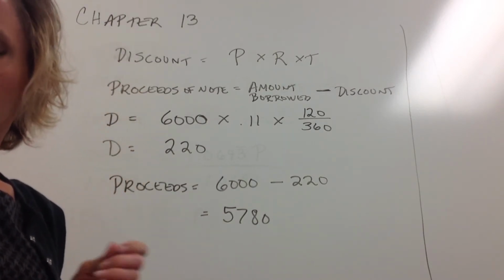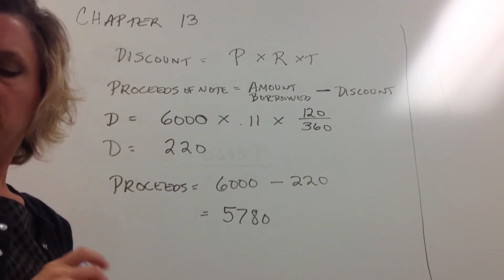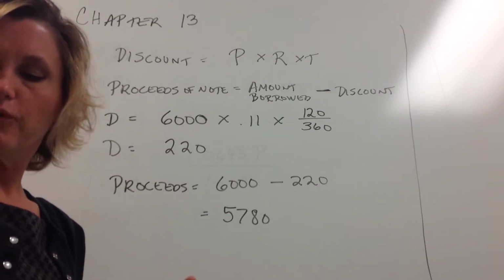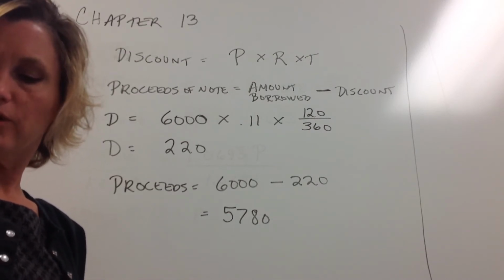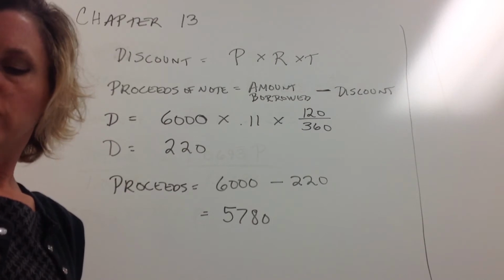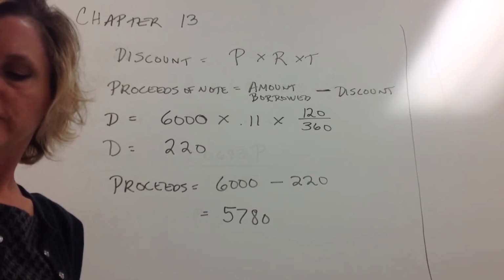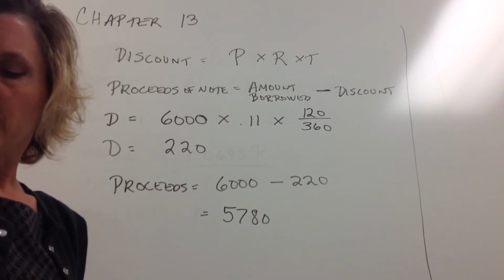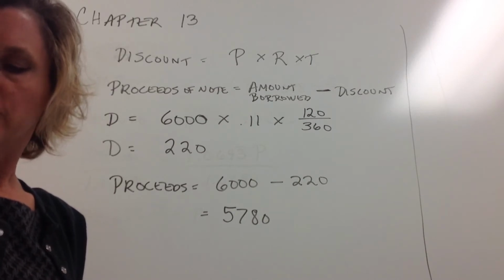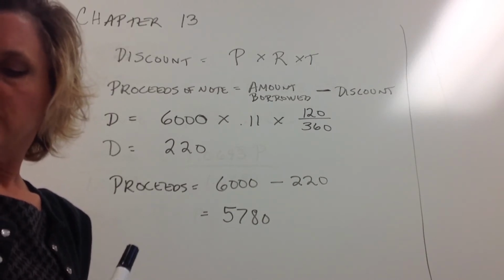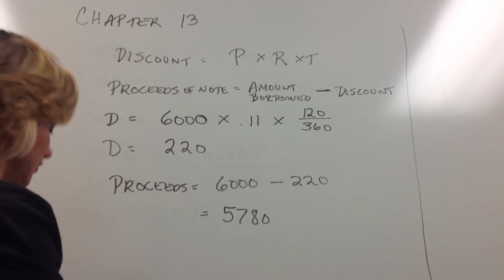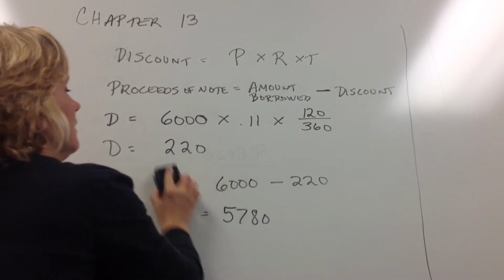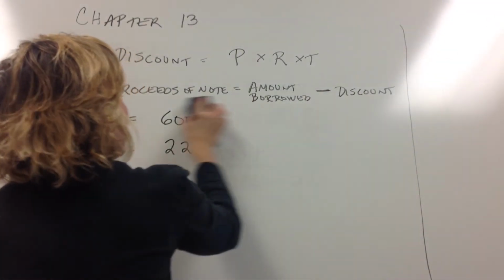All right, then we have one that shows us the difference in that interest rate. Faith Daigle signs an 8.5% discount note with a maturity value of $7,800 and a term of 8 months so that she can remodel her kitchen. Find the proceeds and then the effective rate of interest. So we'll go through our same steps here.